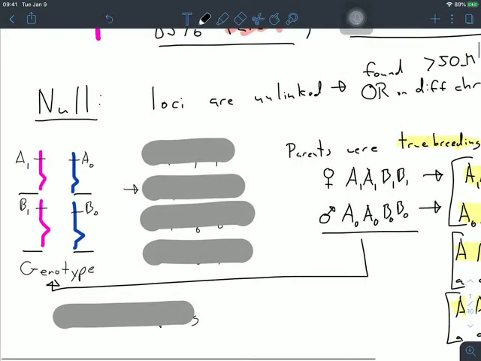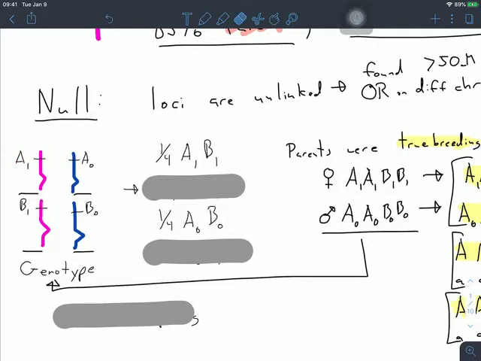And we are assuming that these are unlinked. If these are truly unlinked, we would expect that 1/4 of them would be A1, B1, as you see in this configuration. And additionally, another 1/4 of them would be A0, B0, because if you are generating this side, then you're also at the same time generating that side, as we see here.